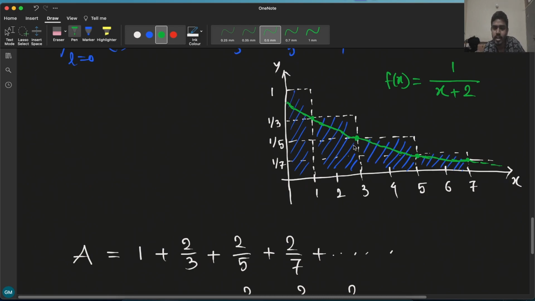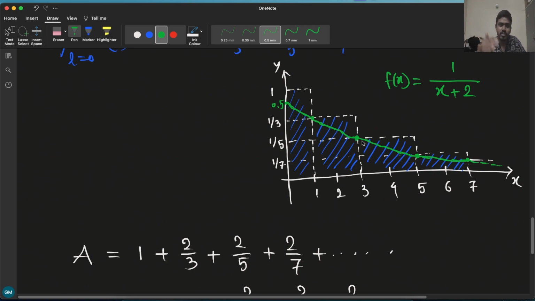So at x equals 3, f(x) is 1 by 5. At x equals 5, f(x) is 1 by 7, and so on. And at x equals 0, its value is 0.5. Though visually it doesn't seem like 0.5, the y-axis is not scaled properly, so for the time being, let's assume it's 0.5.